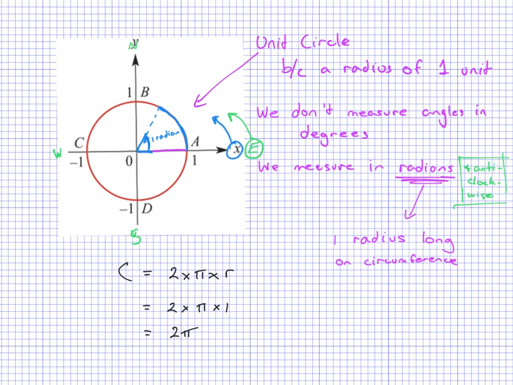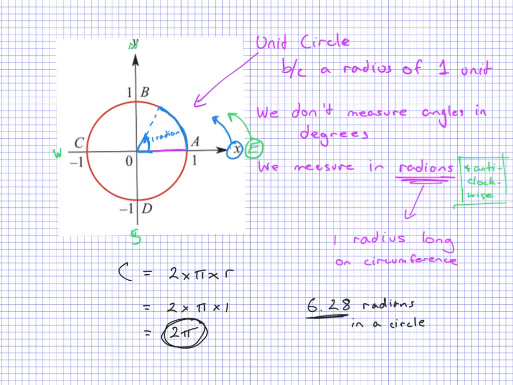All right, so that means that if I use the radius, there should be 2 pi of them around the circle. Roughly speaking, pi is 3.14, which means there's about 6.28 radians in a circle. Now, that's roughly speaking, because that's rounded off. What we'll try and do is always refer to angles using a combination of pi so that it's exact.